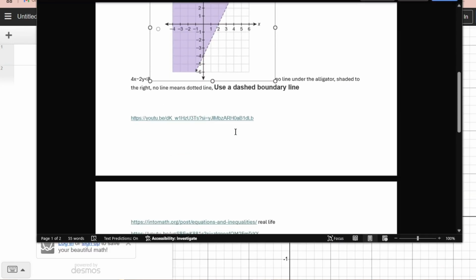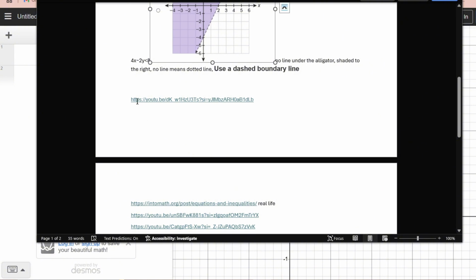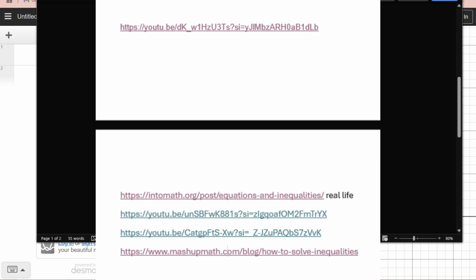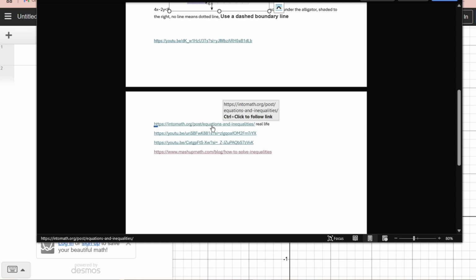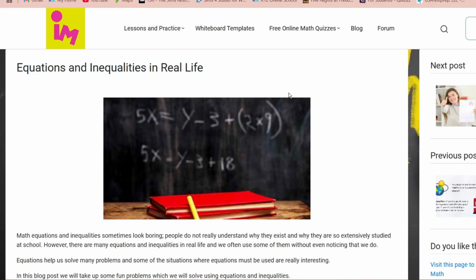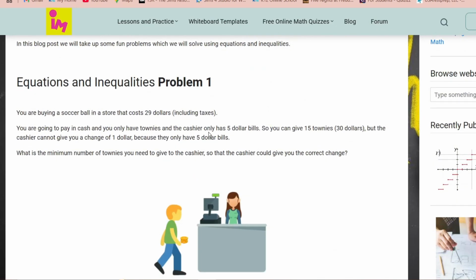And a few great sites you can check out. These are a few YouTube videos. This is a site that tells you how it's used in the real world, which is quite cool.